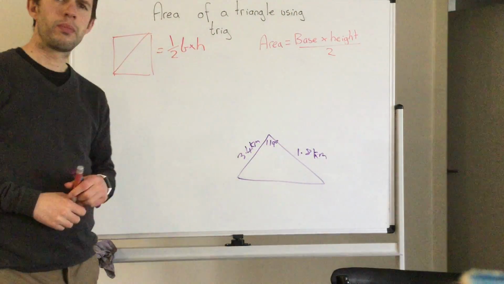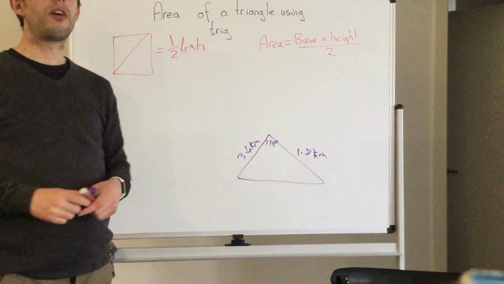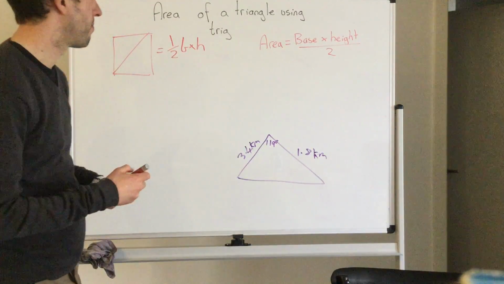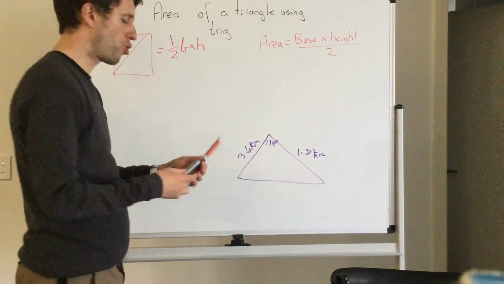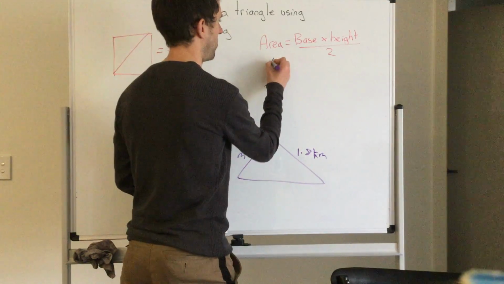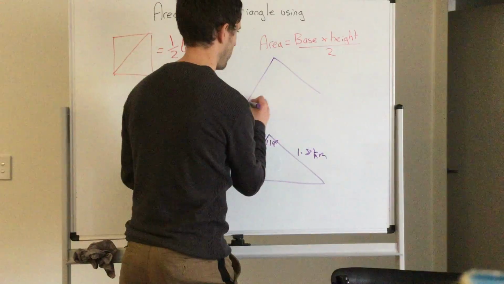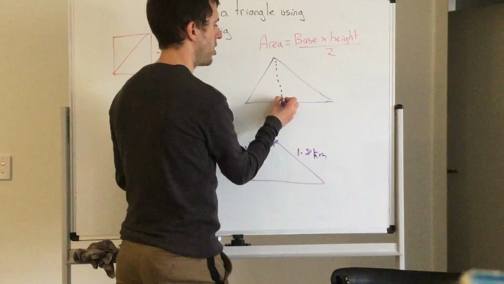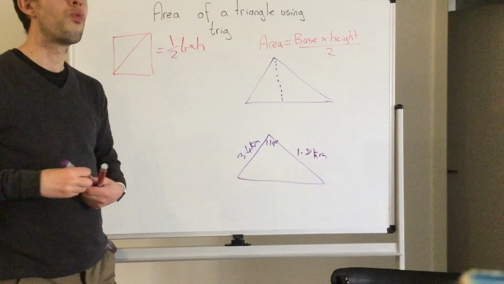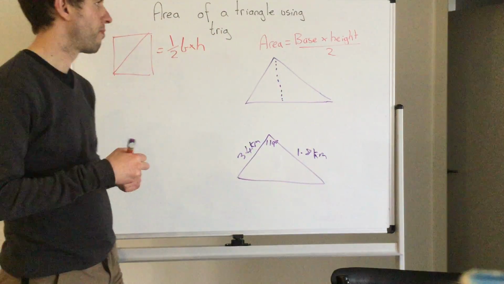So if we can use our trig understanding to help us out. So with trig, if I draw a triangle, as soon as I do the height, everything turns into a right angled triangle.